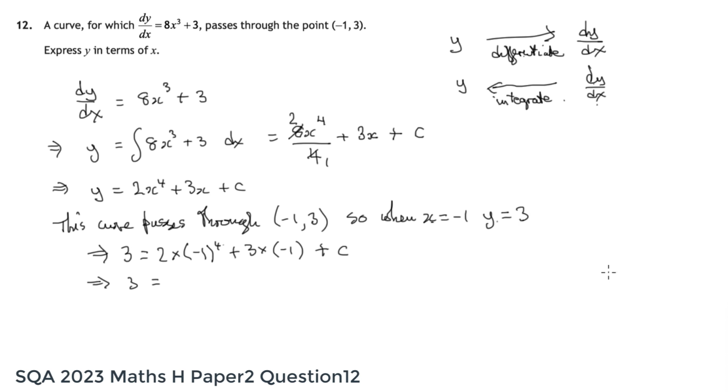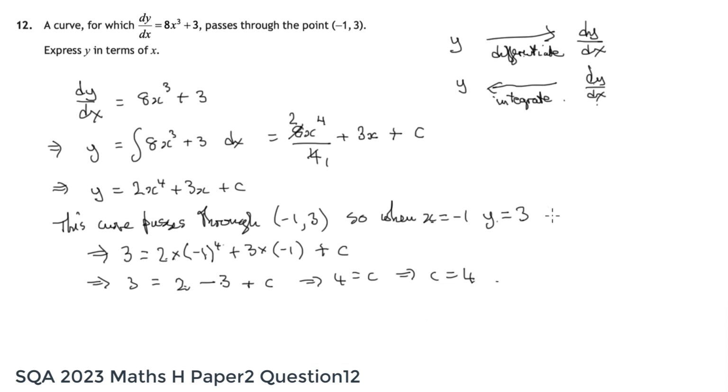The answer will be positive. Times 2 is just 2, so it's 2 times 1, which is 2. And this is negative 3 plus c. Now 2 minus 3 is negative 1, add 1 to both sides, we'll get 4 equals c. Right, the normal way round, c equals 4.